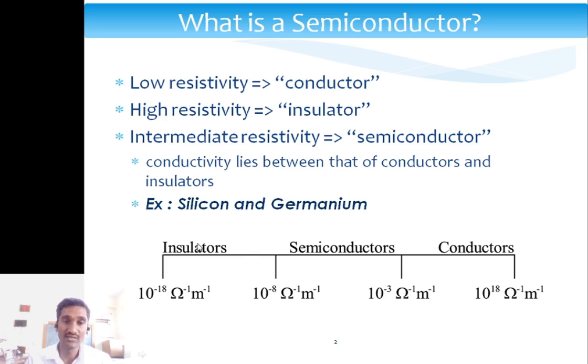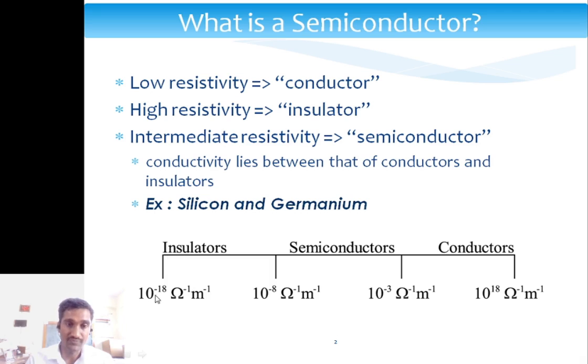In this graphical or pictorial form, the conductivity of the insulator, semiconductor and conductor is shown. Conductance is inversely proportional to resistance. Resistance has the unit ohms, and ohms inverse is the unit of conductance.